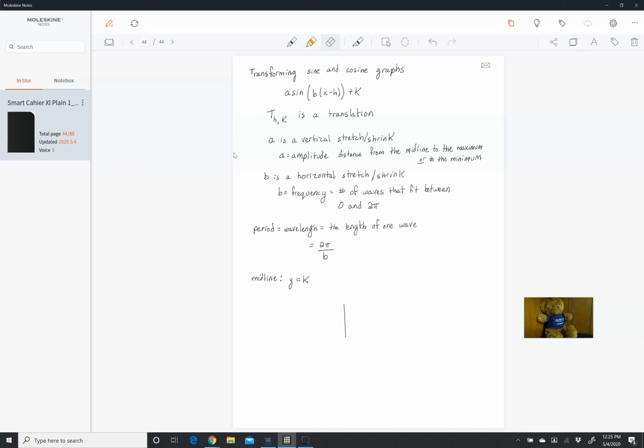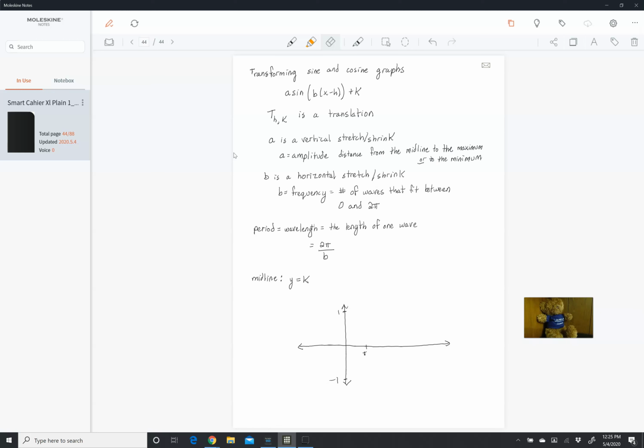Let's take a graph of sine, and let's just mark this off. So this is 1. This will be -1.